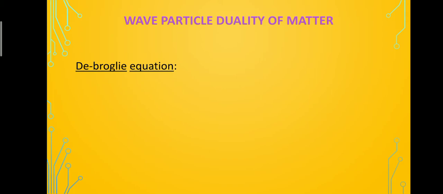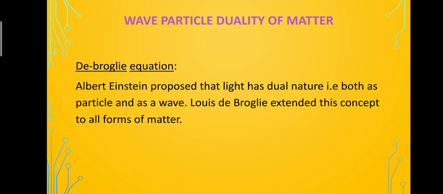So what he did is he considered Albert Einstein's dual nature of light. Albert Einstein said that light behaves as a particle as well as a wave. He considered that, and he extended that concept to all kinds of matter, so he extended that concept to an atom.